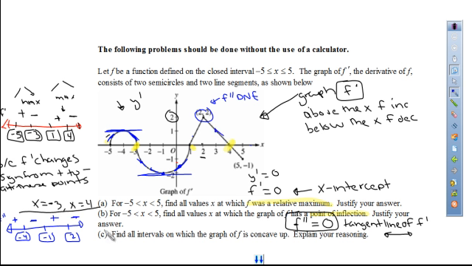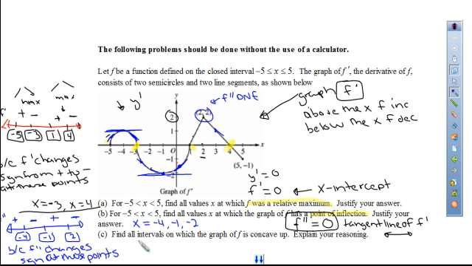So all of these are points of inflection. The points of inflection occur at negative 4, negative 1, and 2, and that is because the second derivative changes signs at these points.